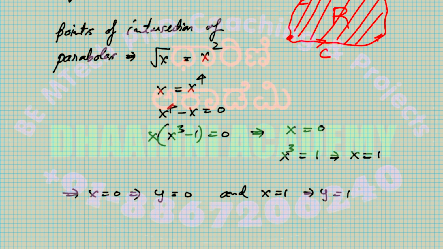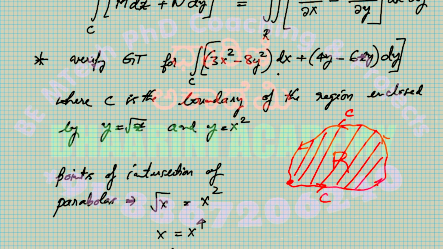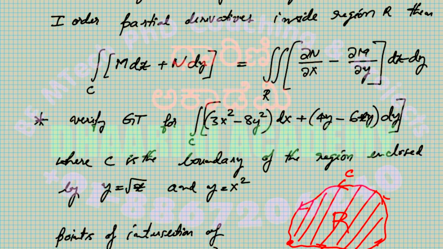That's the first point. And let me try to understand from the given equation, whatever is there with x is the M part, right? So just refer to this. Compare whatever is there with the dx, that is M. So M is equal to this one, 3x squared minus 8y. And whatever is there with the dy, that will be the N, right?